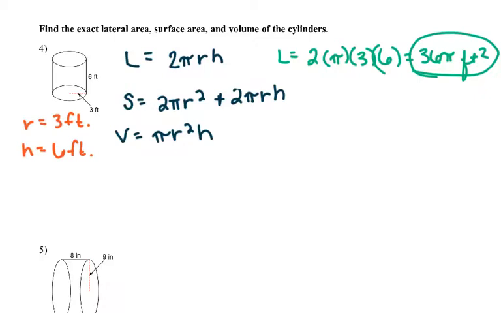The total surface area is, let's see here, I'm going to run out of room, but that's okay. 2 times pi times the radius squared plus that lateral area, which we already figured out was 36 pi. So we can just pop that in there. 3 squared is 9, 9 times 2 is 18 pi.